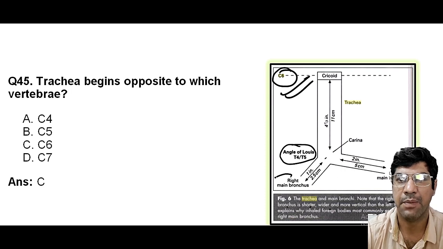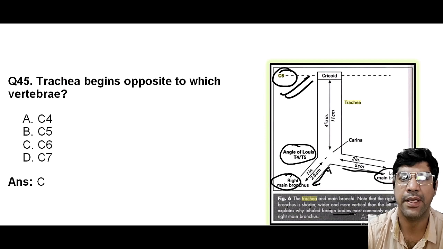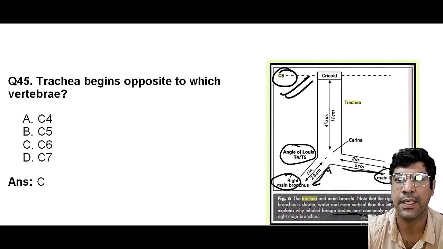The left main bronchus is longer. That is why inhaled foreign bodies most commonly enter the right main bronchus. It is easy to enter as it is shorter and wider.